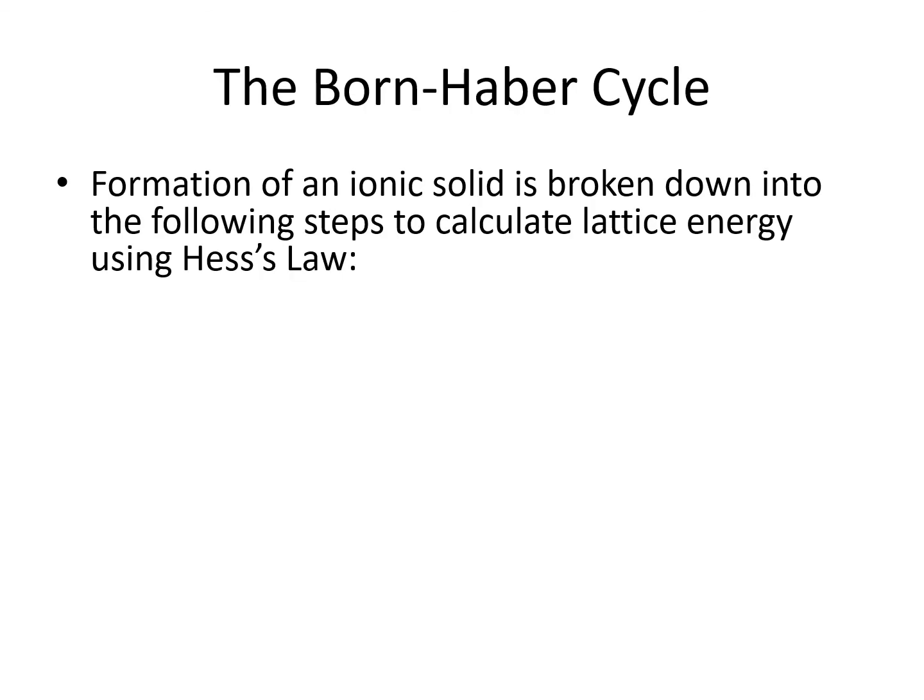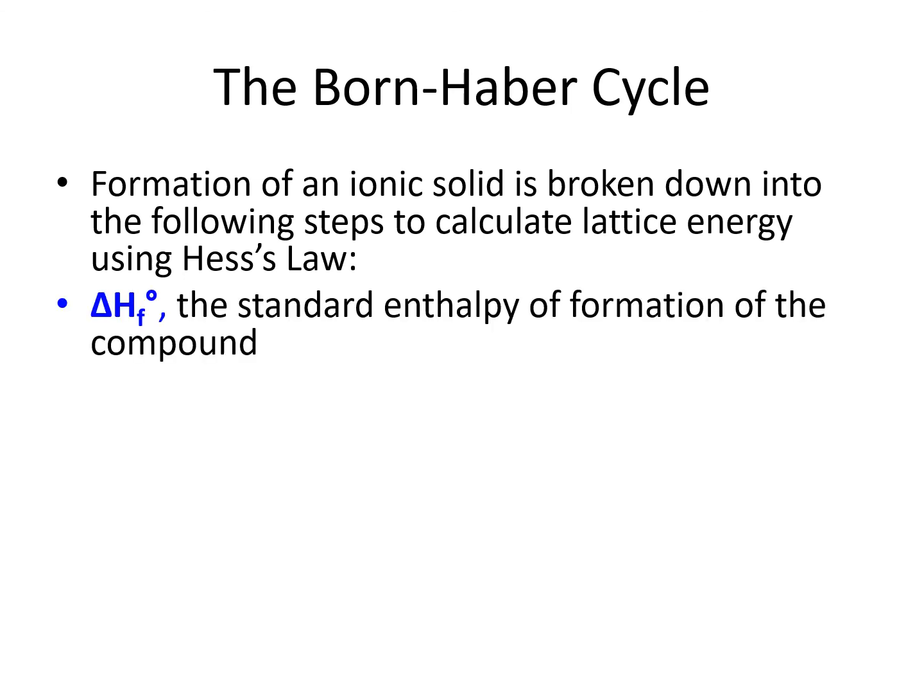So we can use Hess's law to calculate lattice energy by breaking down the formation of the ionic compound into steps. We're going to use several different enthalpies in our calculation. One of those enthalpies will be the delta HF of the compound, that is the enthalpy of formation of the compound.